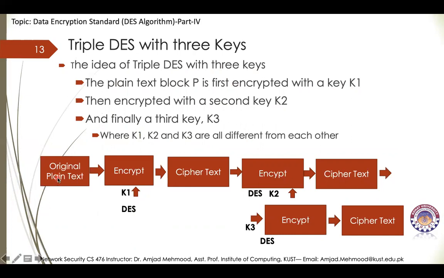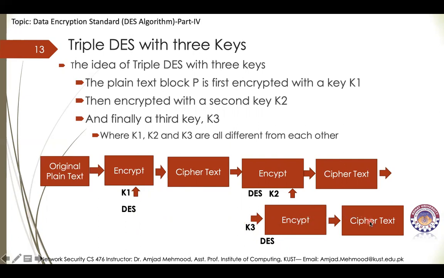So here you have the original text, then DES will be performed and you will get the cipher text, and then you will apply DES again with a different key K2. Again you will receive a cipher text.